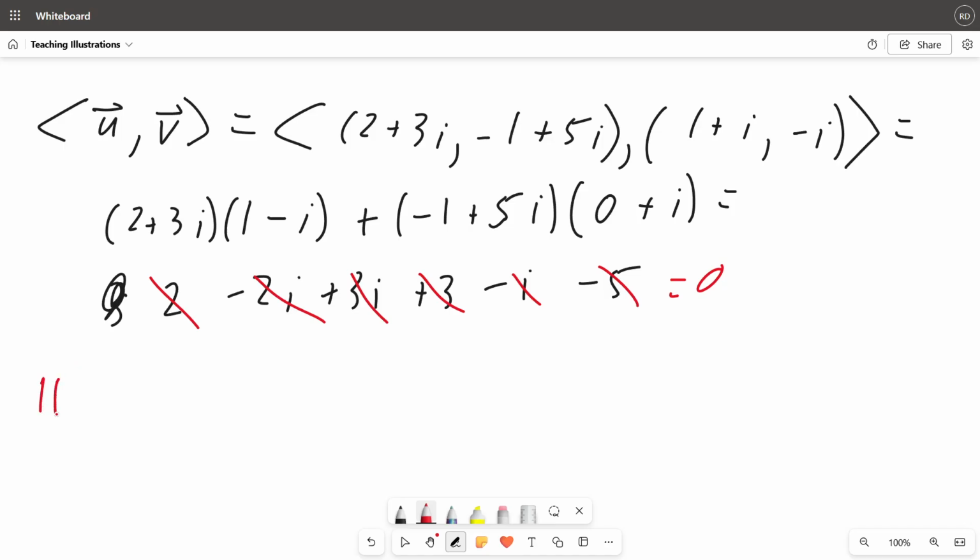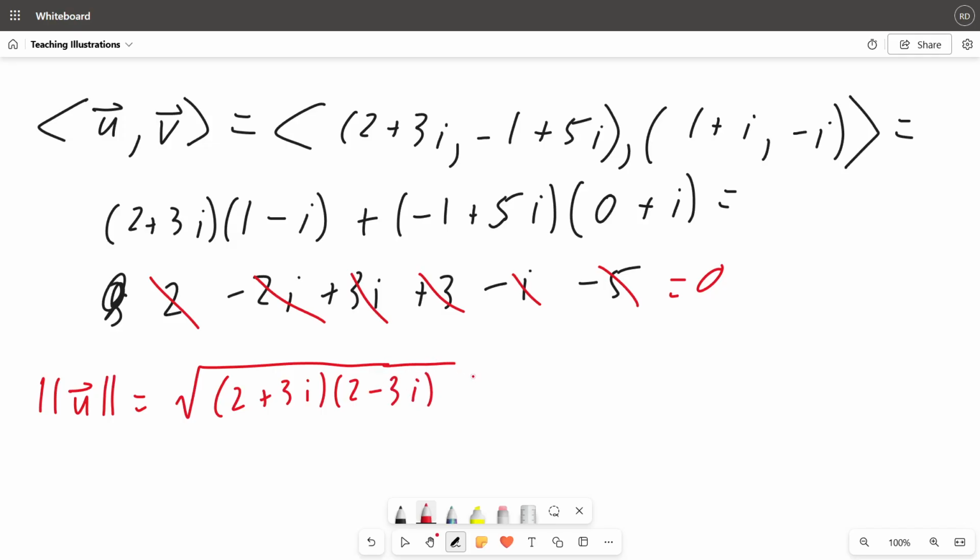The length of u would then be the square root of 2 plus 3i times 2 minus 3i. And so what that ends up as is just 4 plus 9, because if you do the FOIL, the outer and the inner terms will be opposites, they'll zero out, and so you're just left with root 13.